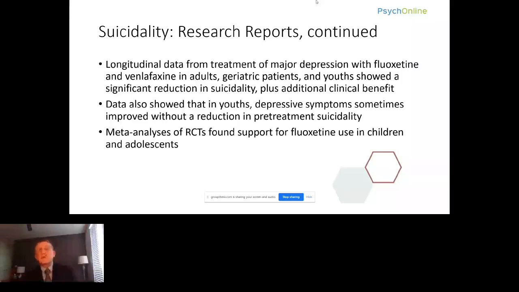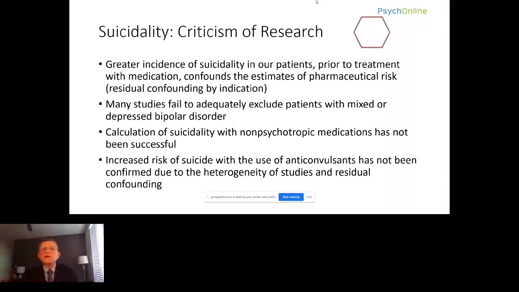Has there been criticism of the research? Well, I've already talked about the difficulty of using random clinical trials to study it when there are exclusionary criteria. Additionally, there's a greater incidence of suicidality in our patients to begin with, prior to treatment with medication. And this confounds the estimates of pharmaceutical risk, and we call this residual confounding by indication.